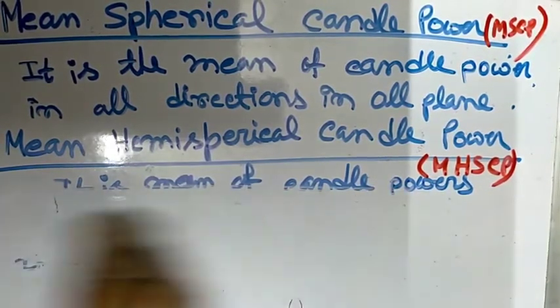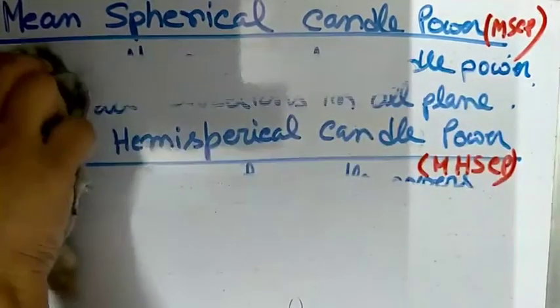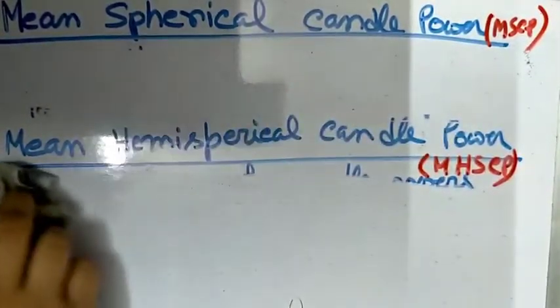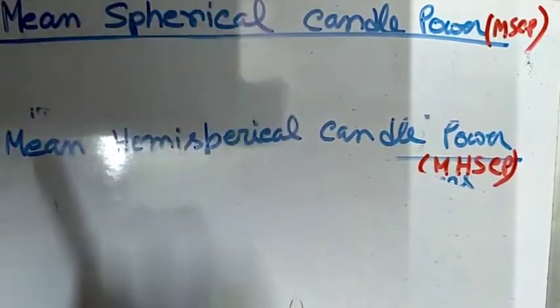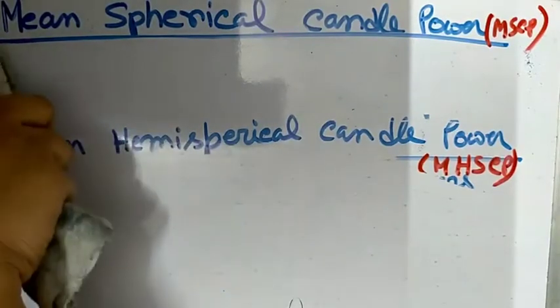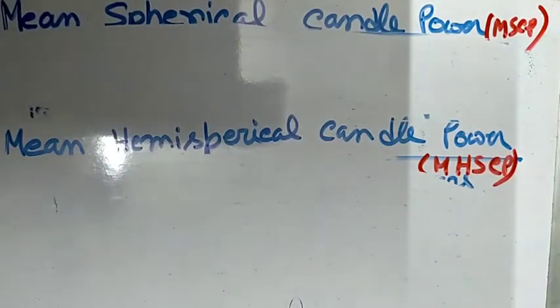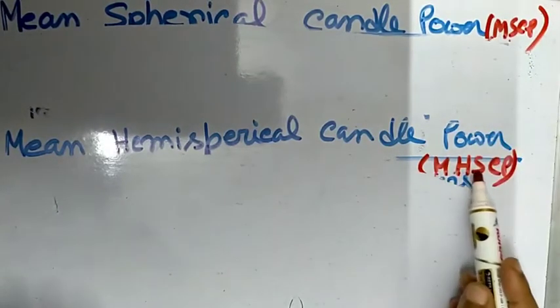Okay, now what is reduction ratio? Reduction ratio of a source of light is the ratio between MSCP and MHSCP.